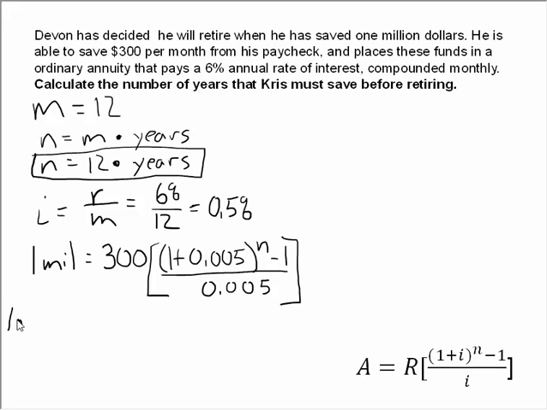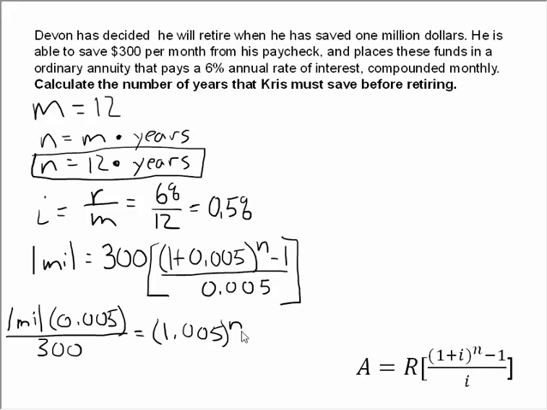So we have 1 million times 0.005 divided by 300 is equal to what will be left on this side. I'm going to combine the 0.005 and the 1: 1.005 raised to the n minus 1.